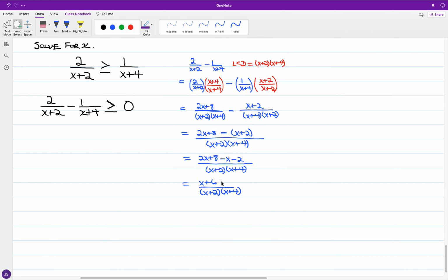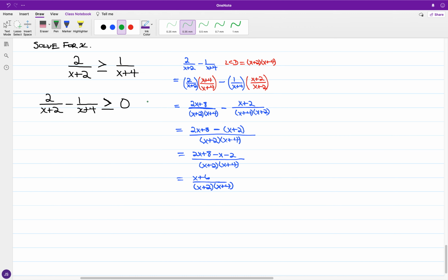Okay, so as a consolidated ratio, notice I have not 2 variable expressions as before, but upon consolidating, I end up with 1. So again, just consolidating, it's going to turn out that for the completed expression, I'm going to have x plus 6 all over the quantity of x plus 2 times that of x plus 4 is greater than or equal to 0.